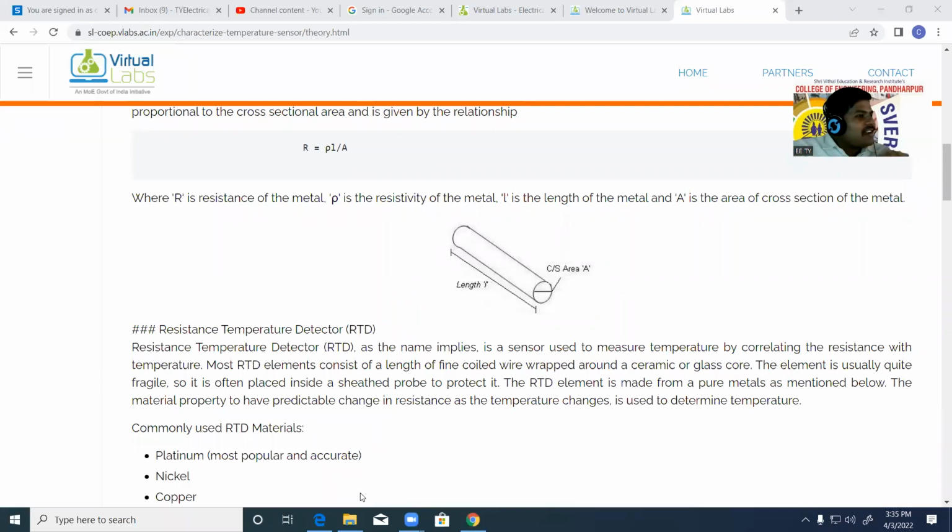If we pass current through that coil, it gets heated. So it is generally wrapped around ceramic material, or it may be glass material.